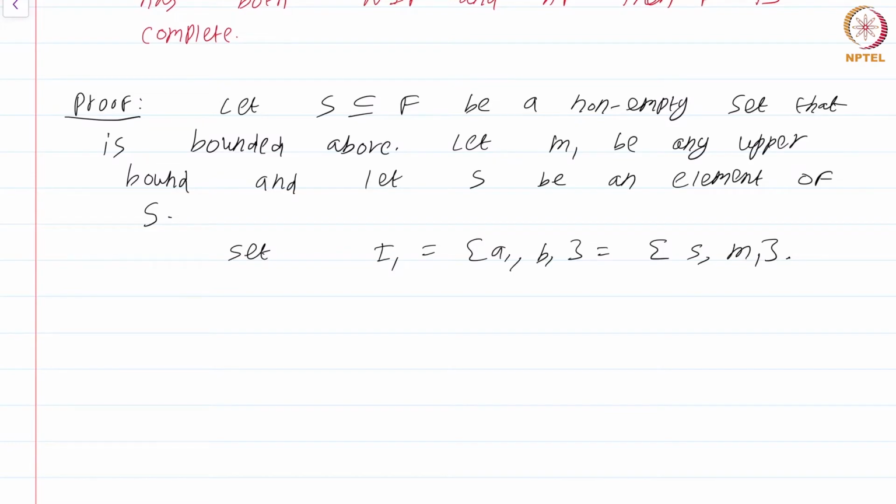Now we'll make this approximation better by setting M2 to be equal to (A1 + B1)/2. Look at the two endpoints and just take the mean of these two.